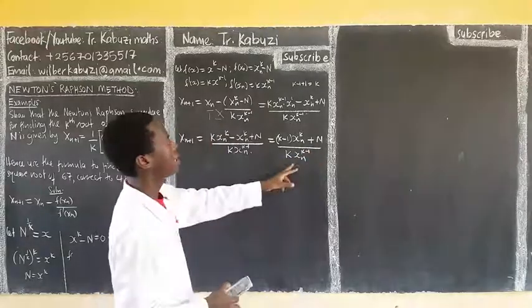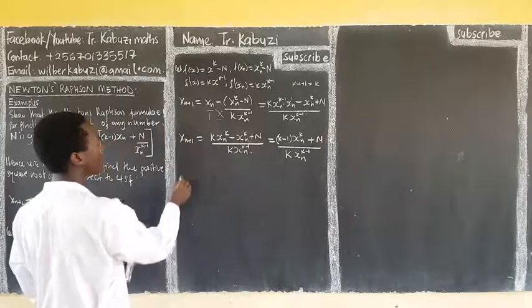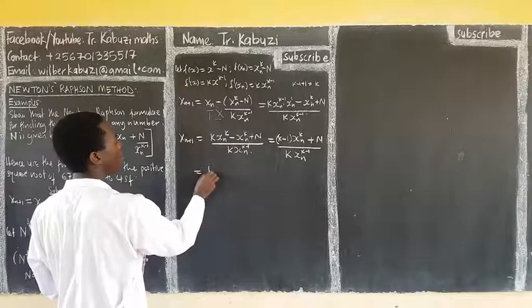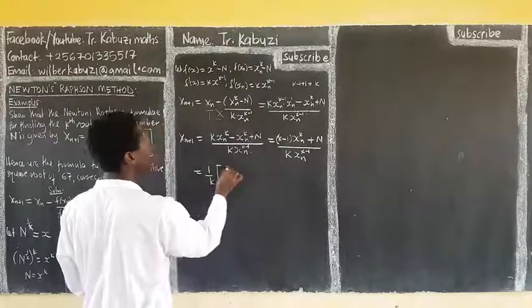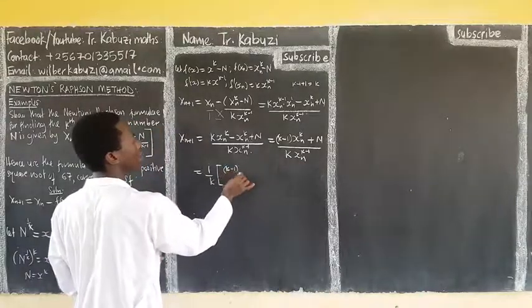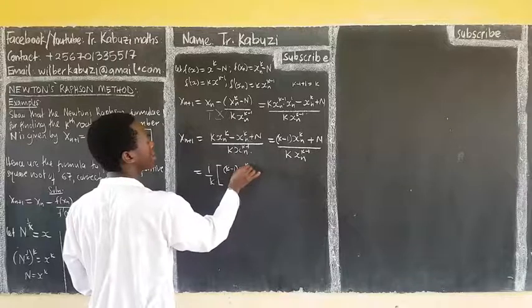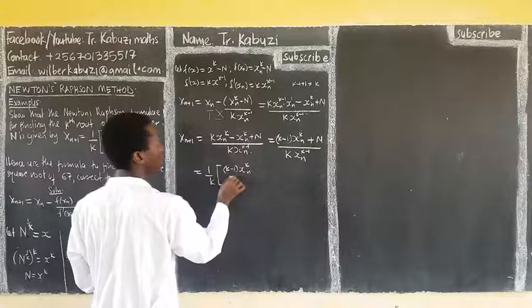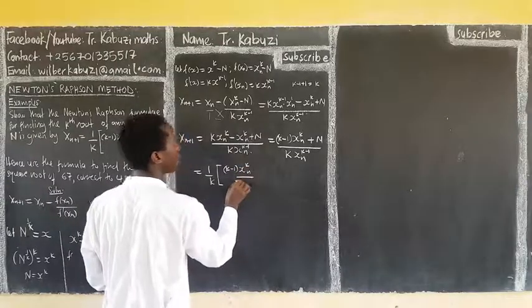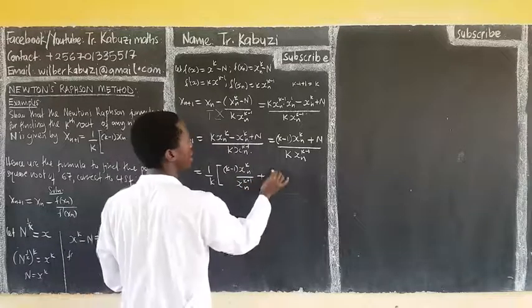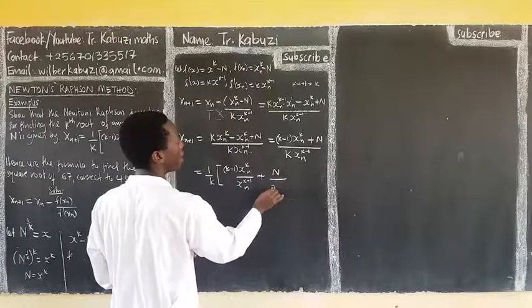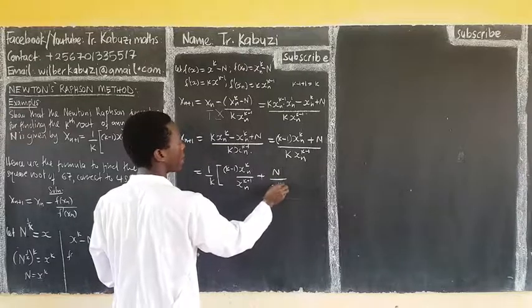Now I factorize out that k. So this would be now 1 over k times, now this divides this, into xn power k over xn power k minus 1, then plus n over xn power k minus 1.